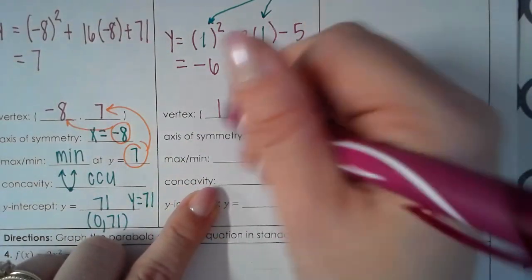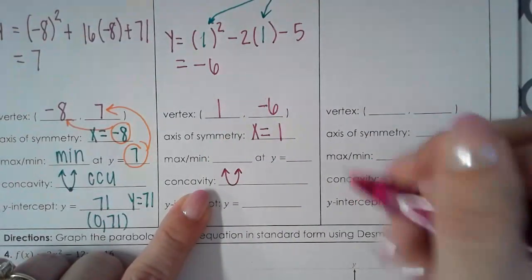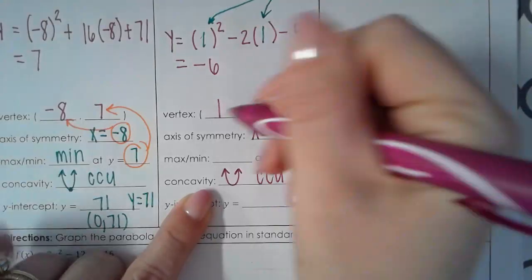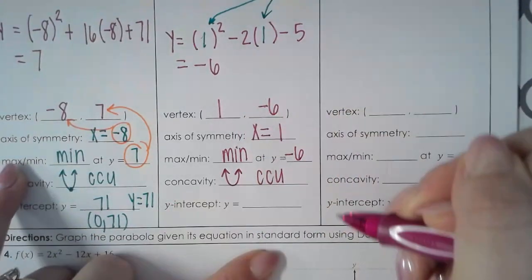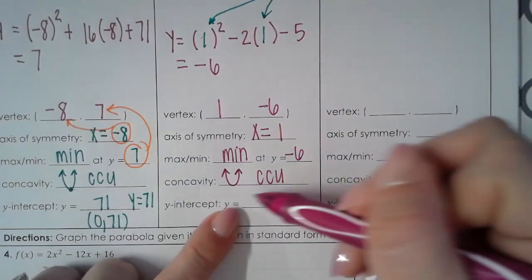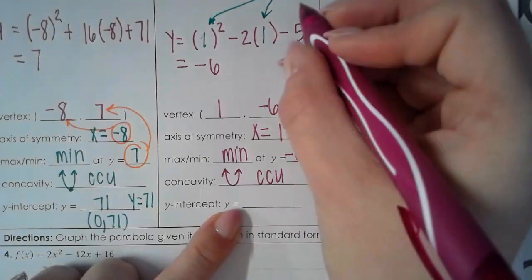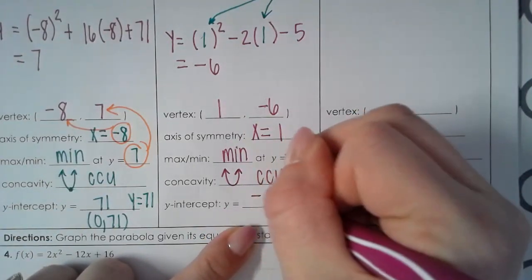This parabola, like the other one, is concave up because a is positive. So it would have a minimum at y equals -6. And the y-intercept is your C value, which is -5.